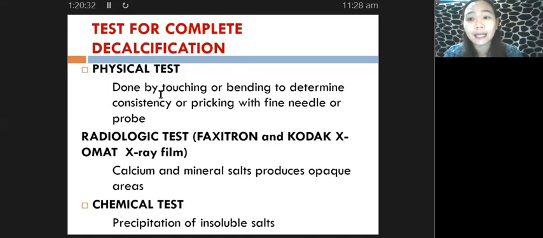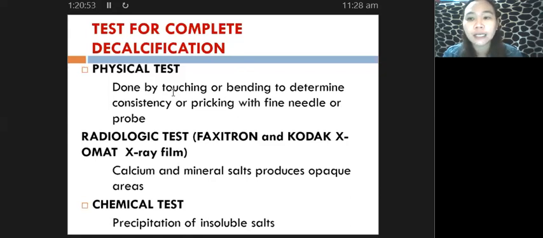For the physical test, what is our basis? Diminished consistency. That means if your tissue sample has become softer and is already flexible, and you can prick it easily, then decalcification is complete, and you stop the decalcification process.